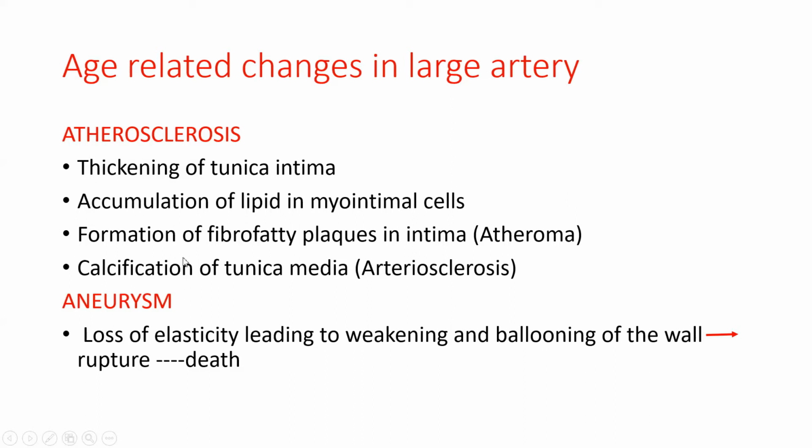These changes may bring about gradual narrowing of the lumen, causing infarction or stroke. The other age-related change is loss of elasticity leading to weakening and ballooning of the wall called aneurysm. A rupture leads to death.